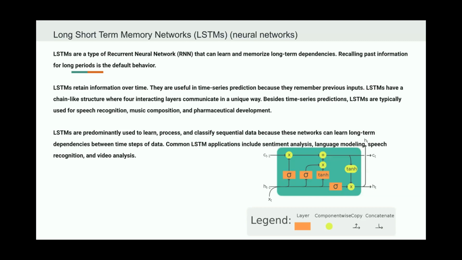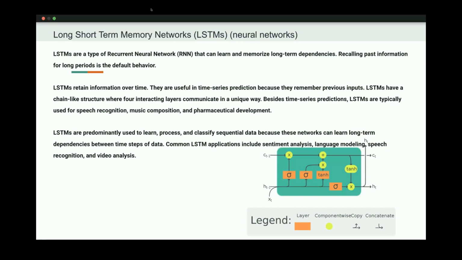LSTMs have chain-like structures where four interacting layers communicate in a unique way. Besides time series predictions, LSTMs are typically used for speech recognition, music composition, and pharmaceutical development. LSTMs are primarily used to learn, process, and classify sequence data because these networks learn long-term dependencies between time-step data. Common LSTM applications include sentiment analysis, language modeling, speech recognition, and video analysis.